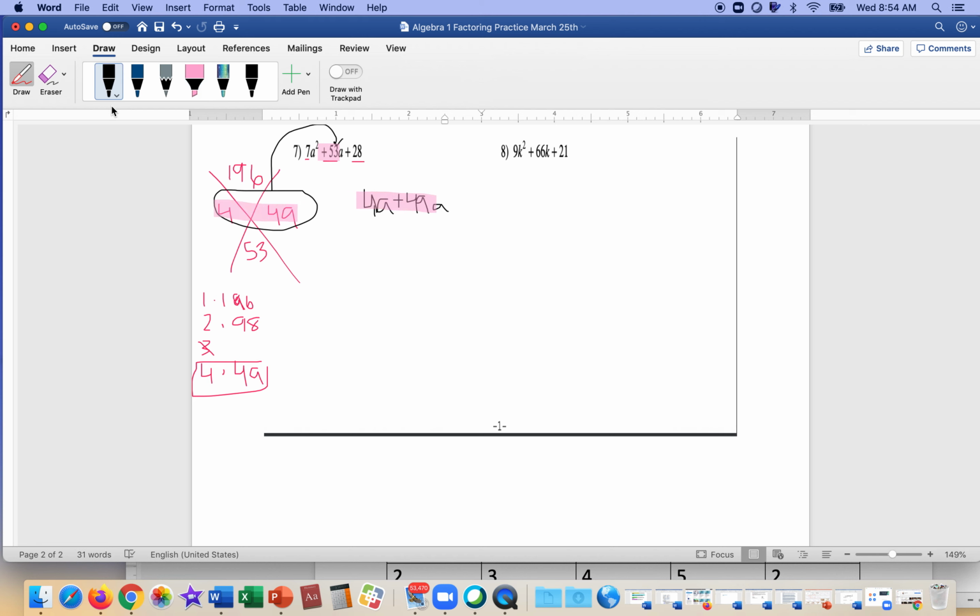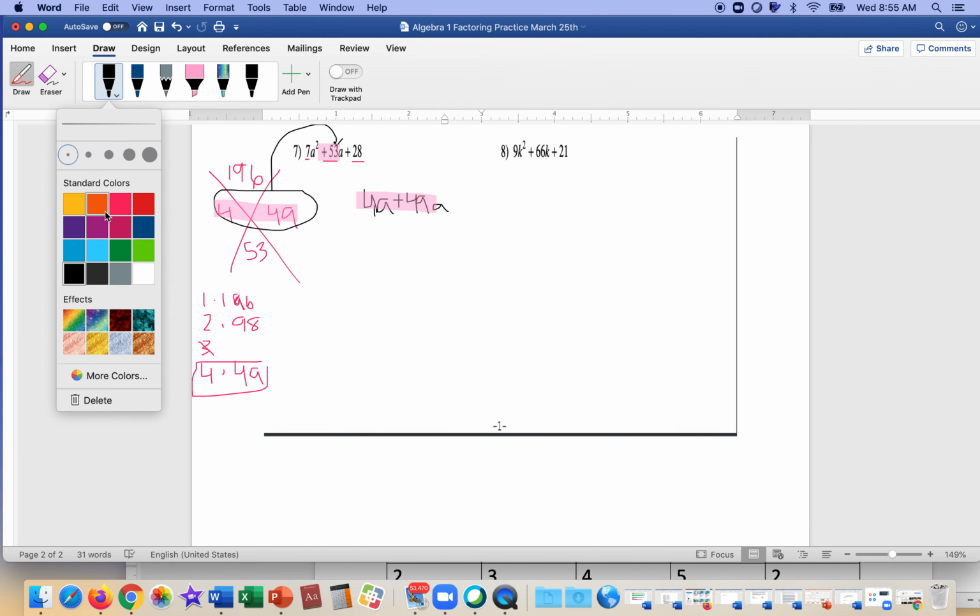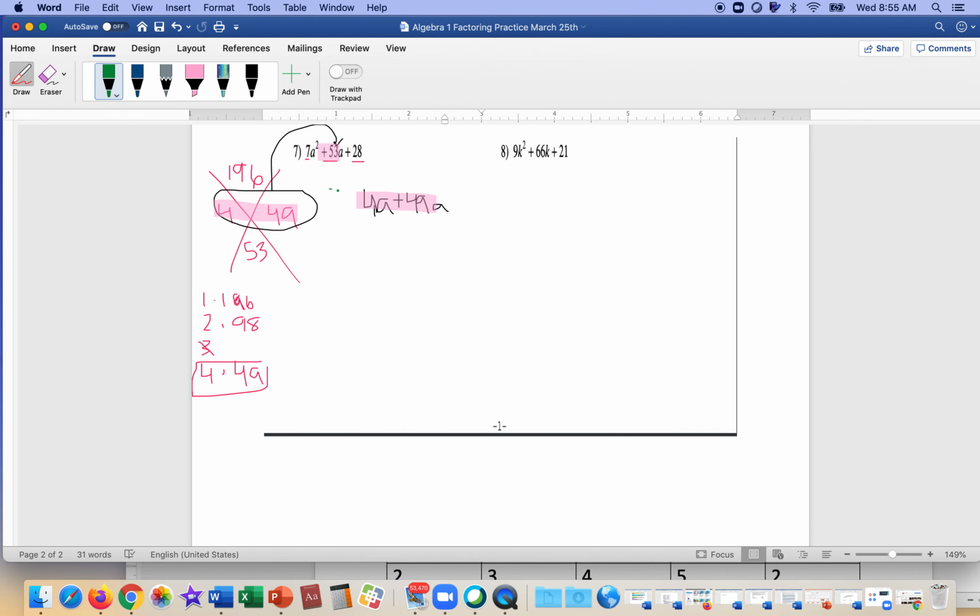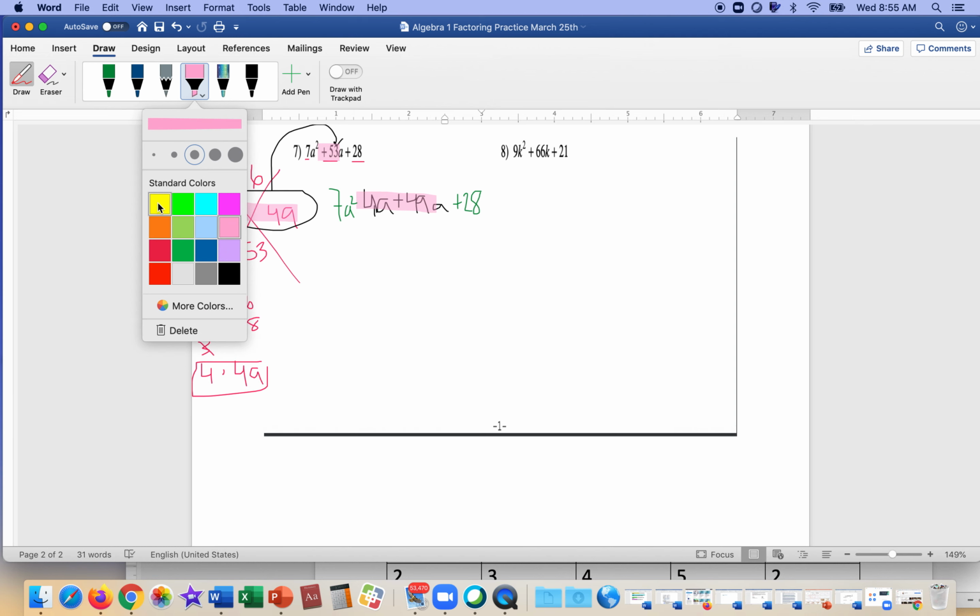And now I'm going to write what's left in the front and back. So in front we have 7a squared, and then plus 28. Okay, so then if you're going to do this, you've got to do grouping. So you do left pair, right pair.